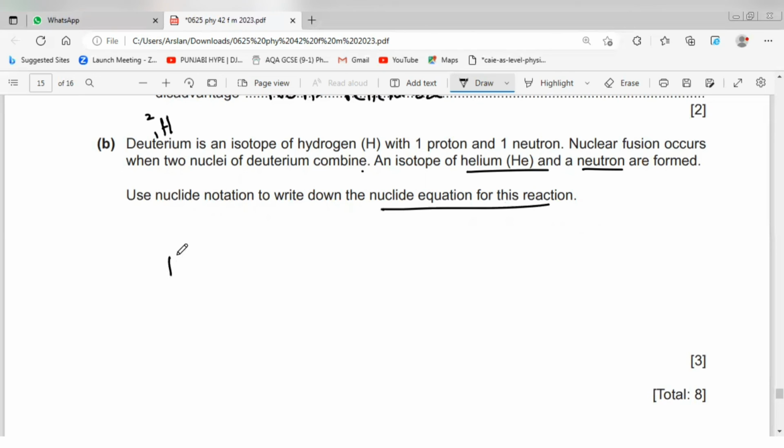So two deuterium combine to form helium and a neutron. To make this equation balance, you know that a neutron has mass number 1 and charge number 0. So the remaining is 2 plus 2, 4, so here we get 3, and 1 plus 2, 2. So that is the correct answer.